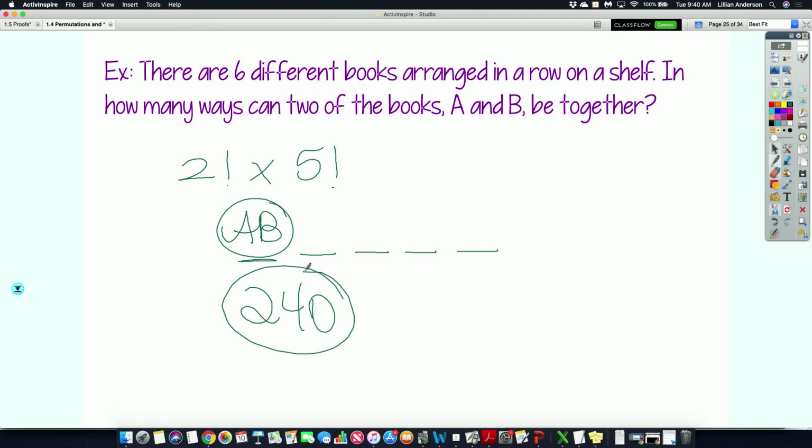So technically, it's 1 spot that's taken up by A and B. And then the 2 factorial takes care of the different ways that those can go in one of those 5 different spots. But since we already know they have to be together, it doesn't matter where amongst this line they're going to be. No matter what, they're going to be together.